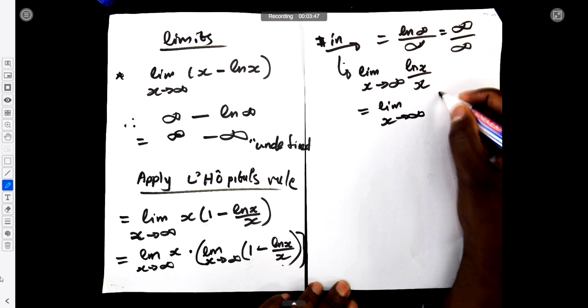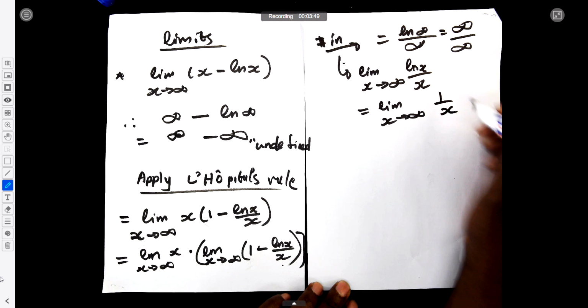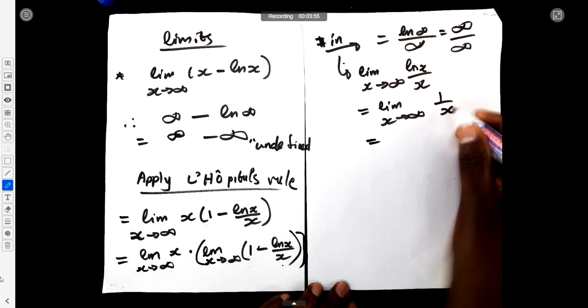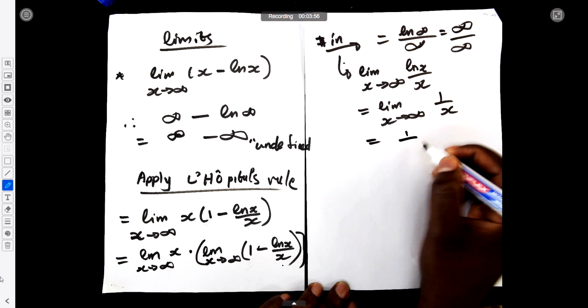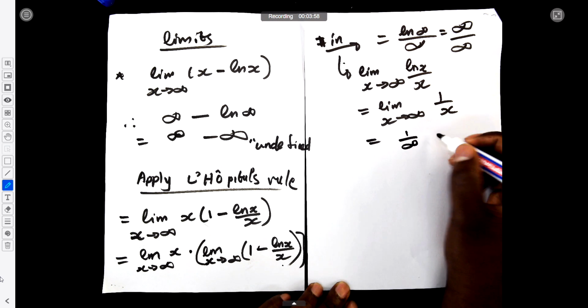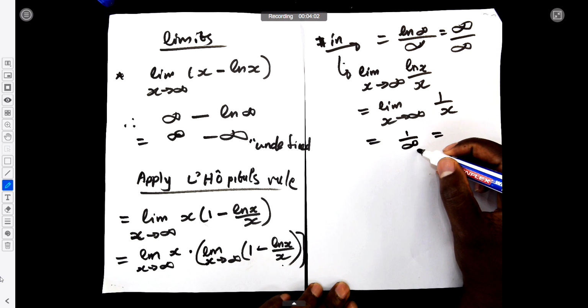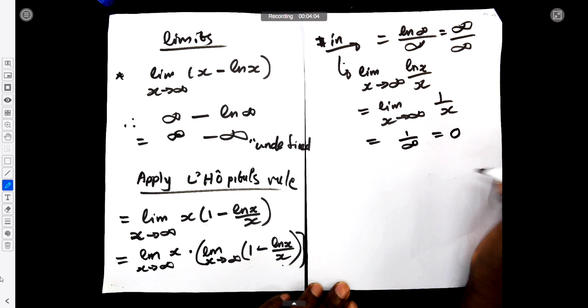It's 1 over x, and differentiating the denominator, we get 1. So you do substitution, and we say 1 over infinity, which is 1 over a bigger number, so it is 0.